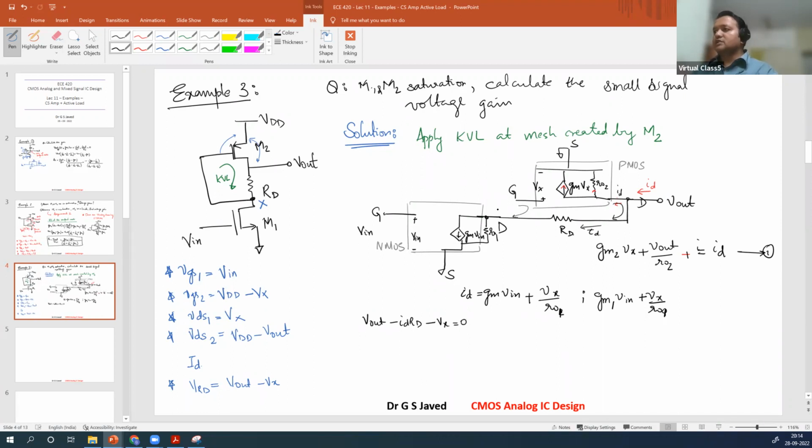Correct? This voltage is Vx, the drain of this value. So V out is IDRD plus Vx. This is one equation. Or Vx is equal to V out minus IDRD.